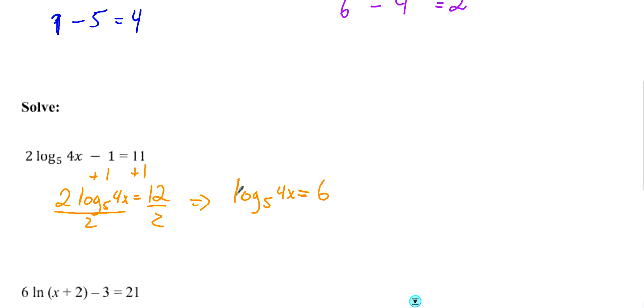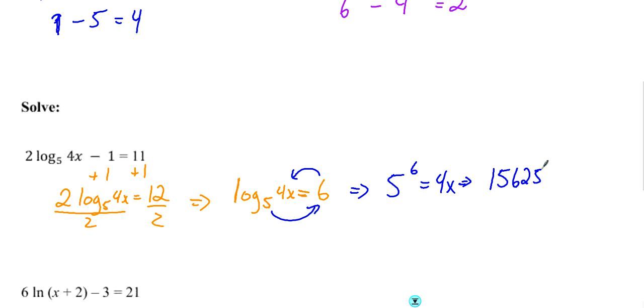Now I'm going to evaluate this just like we did in the last one. I'm going to change it to its exponential form by using the circle method. So 5 to the 6th power equals 4x. And 5 to the 6th power, that's a really big number. That's 15,625 equals 4x.